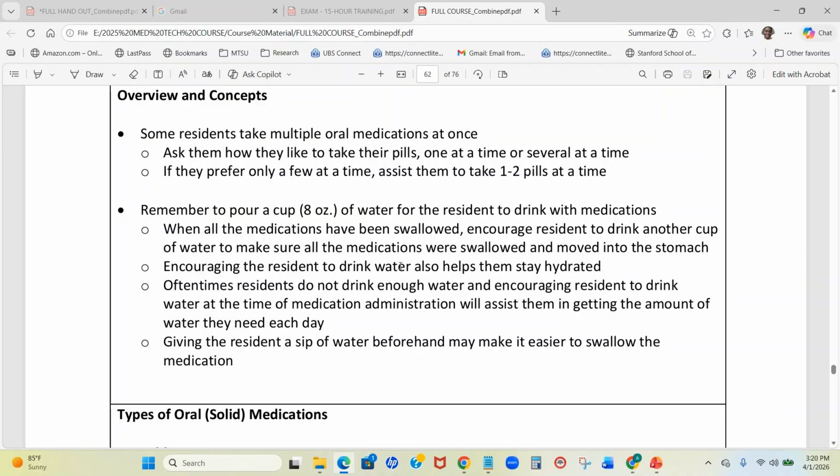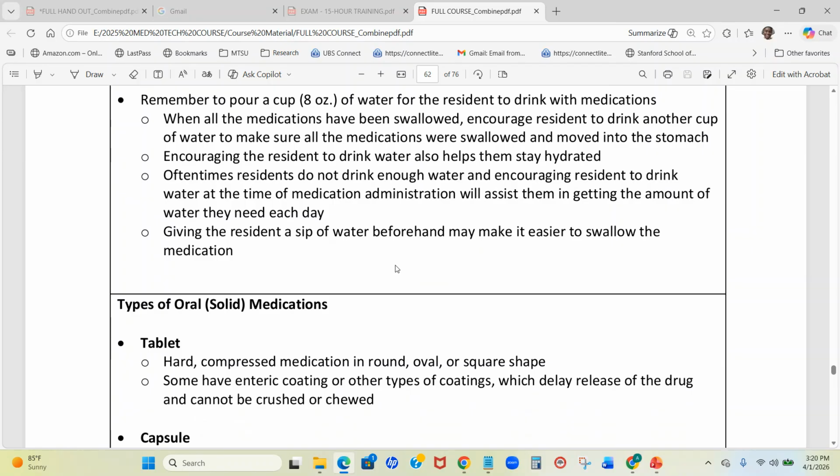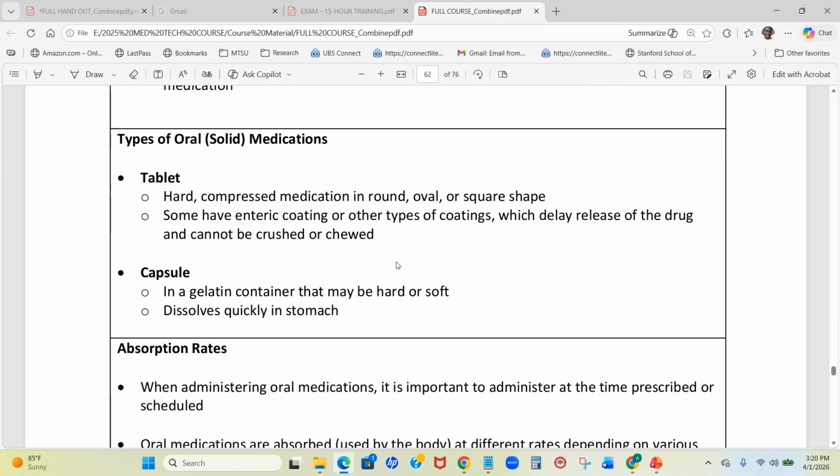This will make sure that the medicine goes down into the stomach. Giving the resident a sip of water before you hand over the medication makes it easier for them to swallow. Sometimes their throat is very dry because they haven't had any fluid for maybe 3 hours.